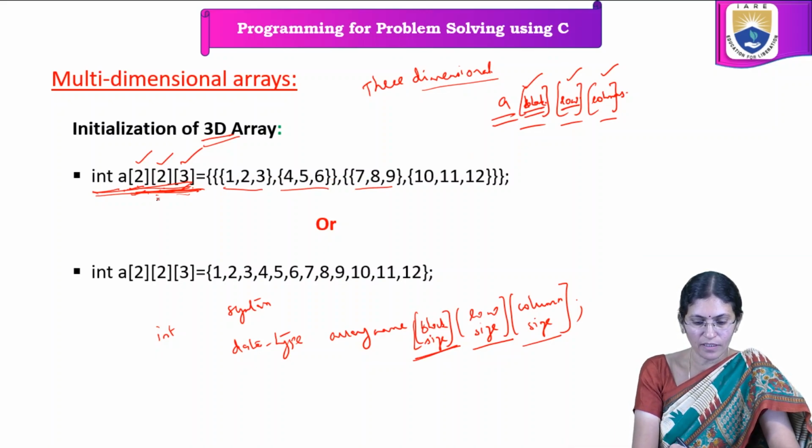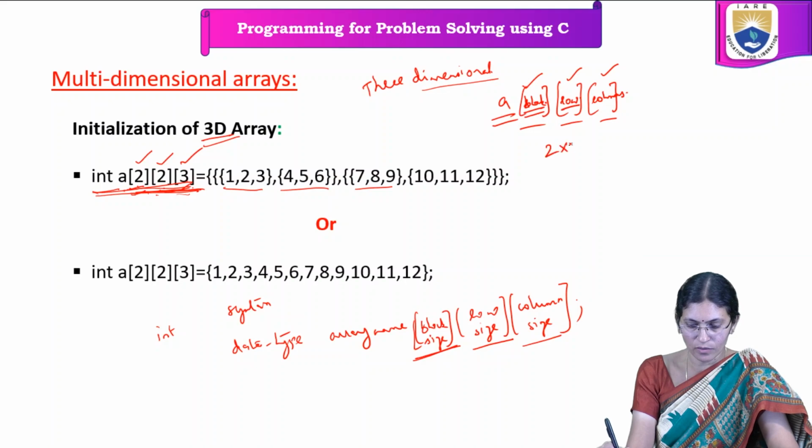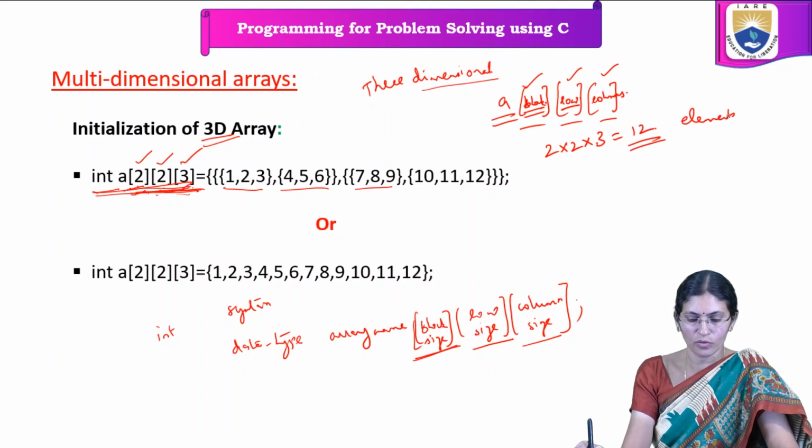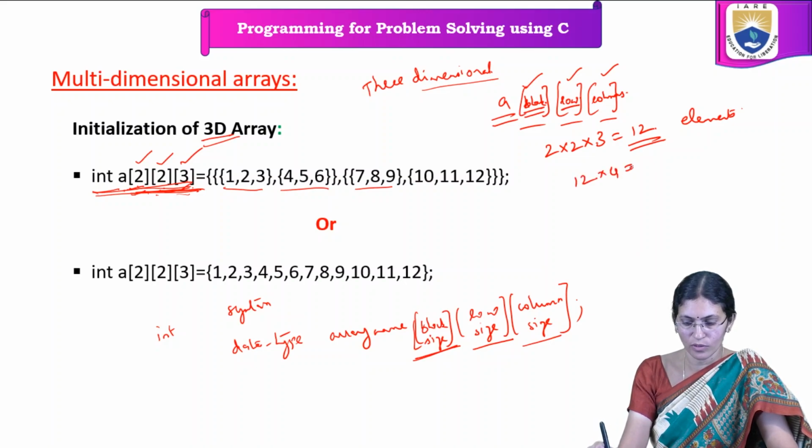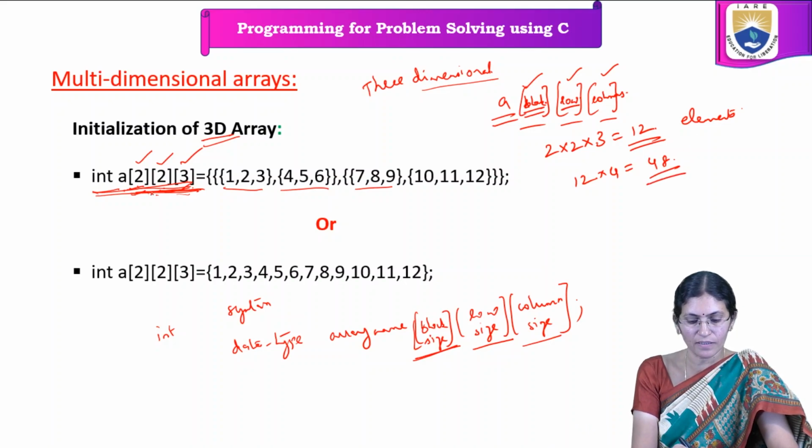So total elements in this three-dimensional array are 2 2s are 4, 4 3s are 12. So 12 elements are there. Memory occupied by this array is 12 into 4.